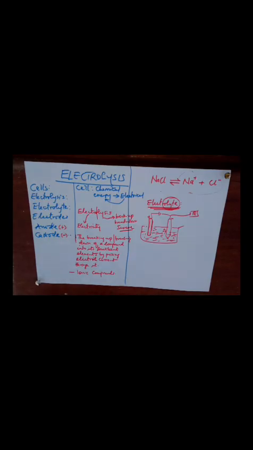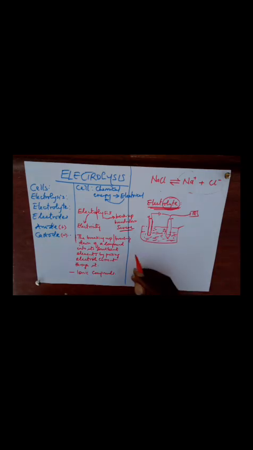It's a cell which breaks down compounds into their constituent elements using electricity. When electric current passes through them and you have your electrodes, they can break down the compound into their constituent elements.